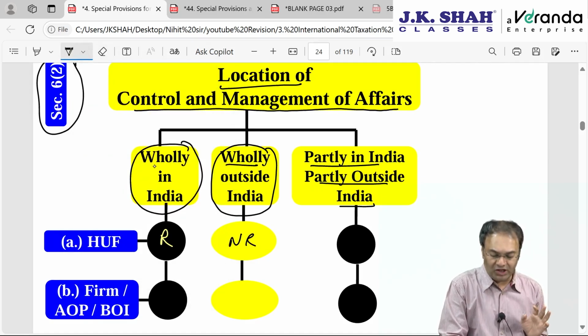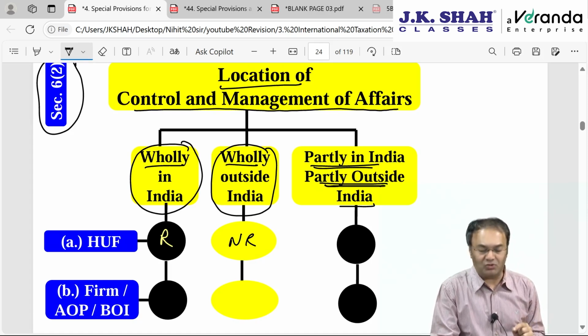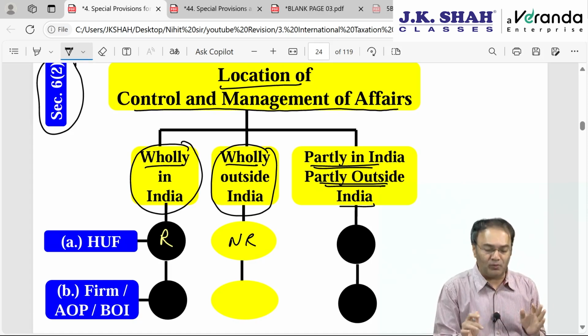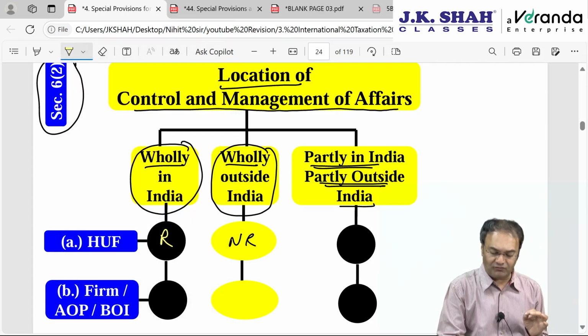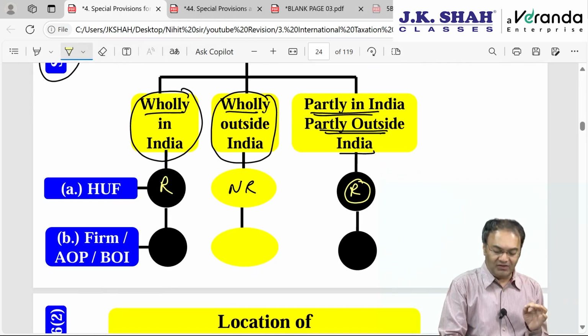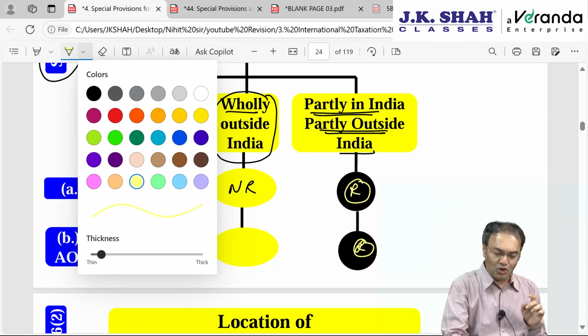If it is wholly, then no problem. The problematic case is only when it is partly in India, partly outside India, and that time you don't have to use your brain. You have to remember that the HUF or partnership firm etc. will be resident in India.